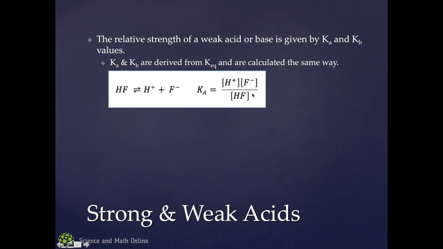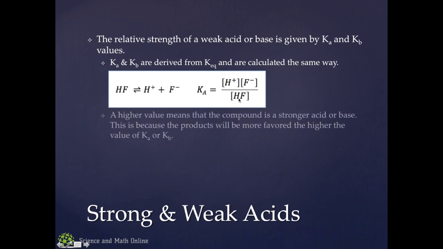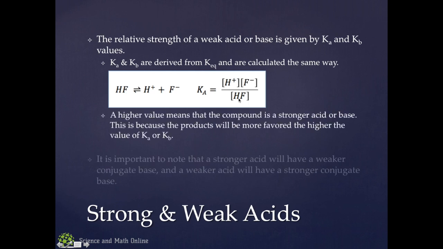So a strong acid or base would have all of this and none of this. So it would have technically an infinite Ka, an infinitely high Ka. So the higher Ka is, the more of this you're going to have. The smaller Ka is, the more of this you have. So just like we've seen before.